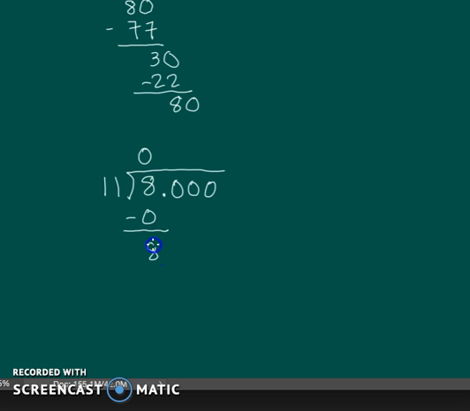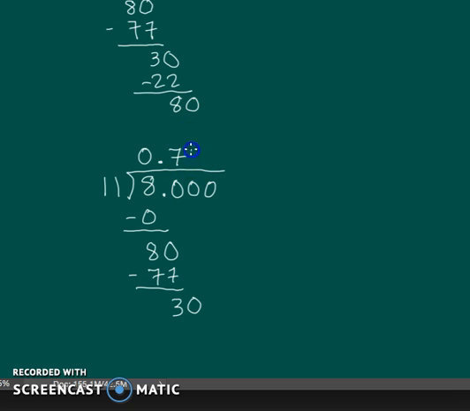And we get 8. Take down another 0. I'll copy this decimal point over. 11 goes into 80 7 times. And 7 times 11 is 77. The difference is 3, and I'll take down a 0.